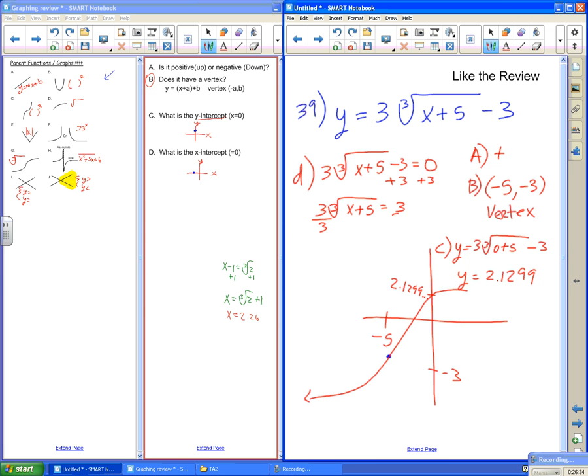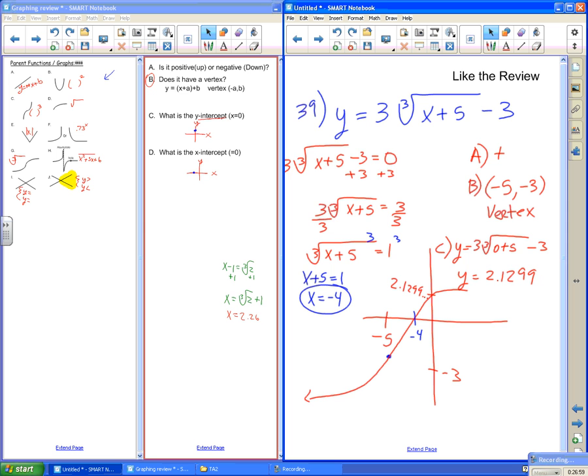Divide by 3. And then I'm going to cube both sides. So there's my x-intercept. So really, that means this point right here is -4. My scale's a little bit off. It's a lot off, actually. But, you know, when we're matching, hopefully that'll make sense. Okay.